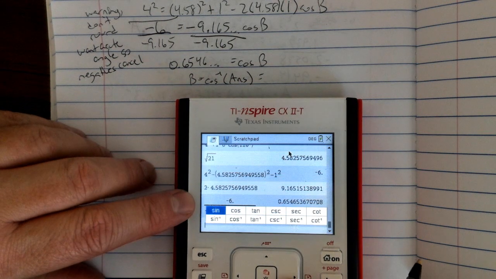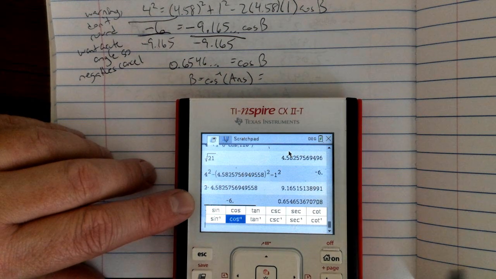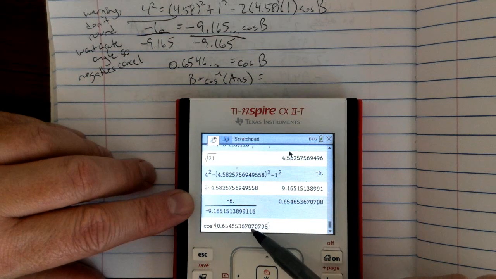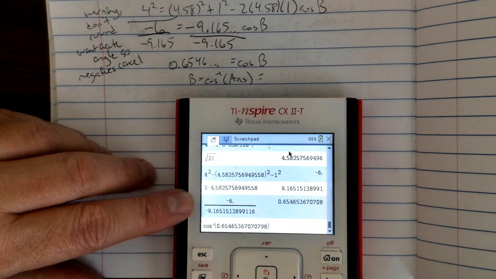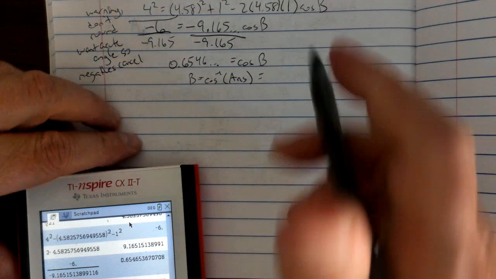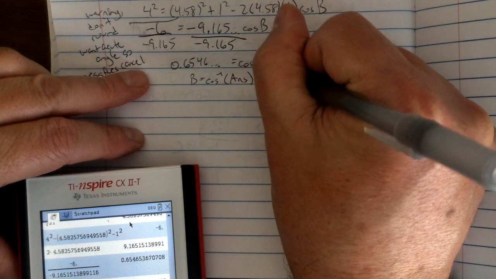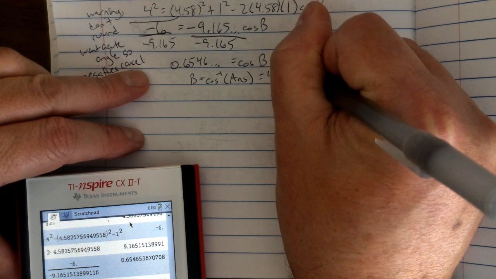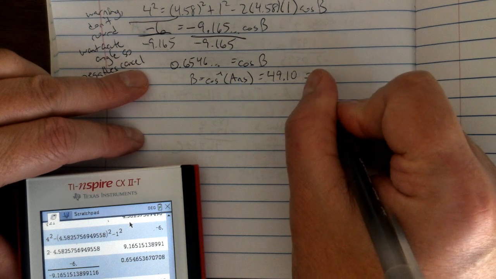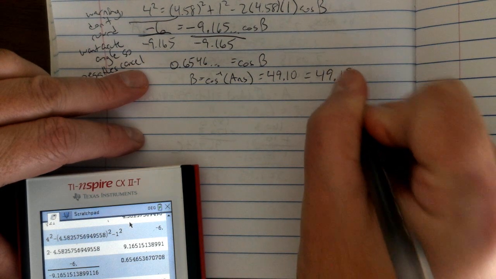Remember, this was expected to be between -1 and 1 for the triangle to exist. And this gives us 49.106. And so that's just going to be 49.1 degrees.